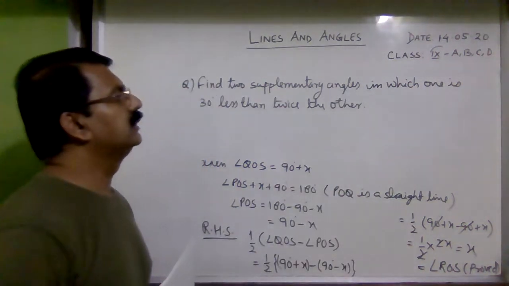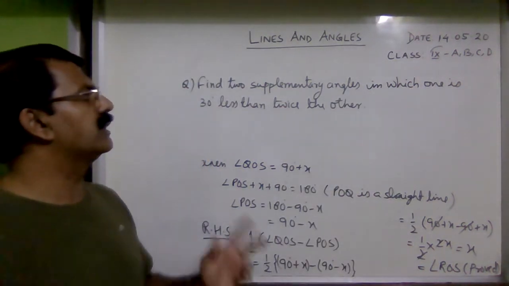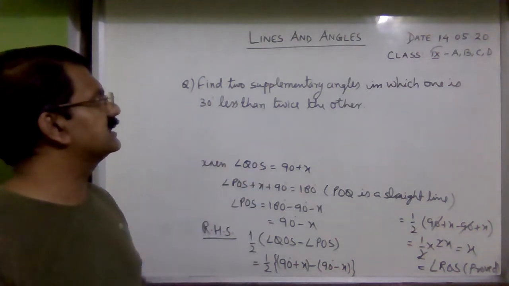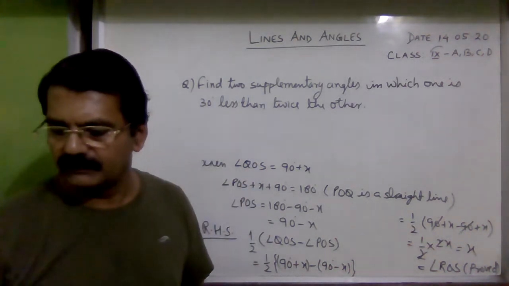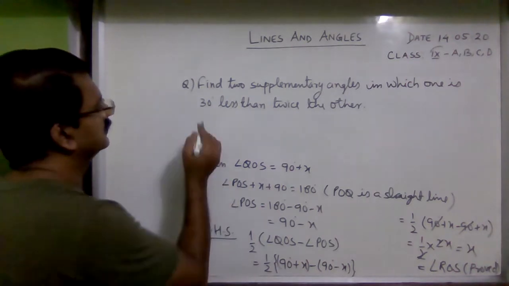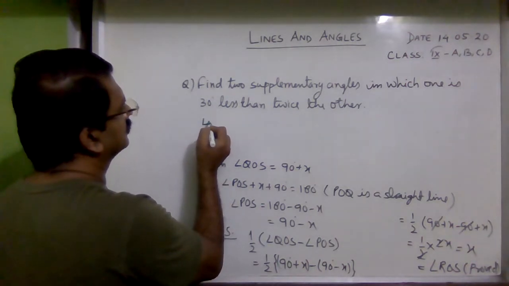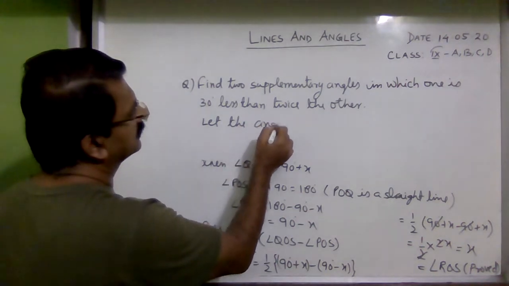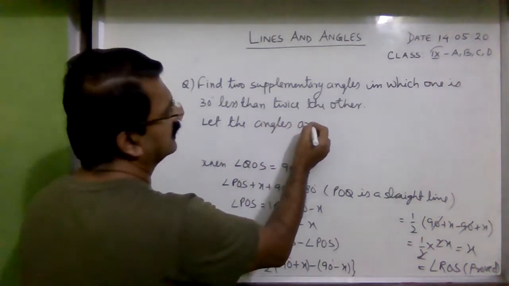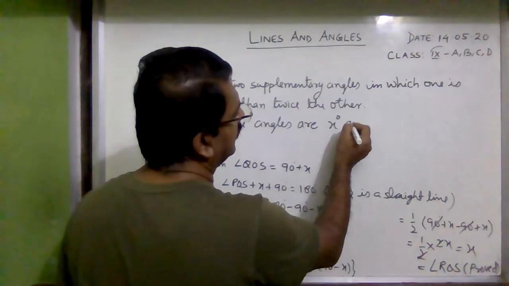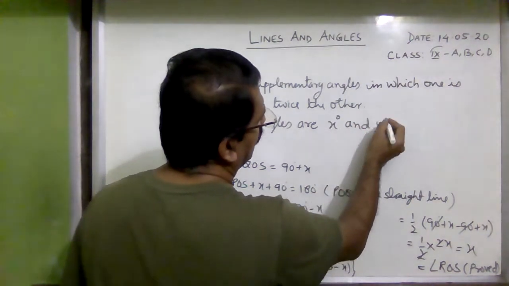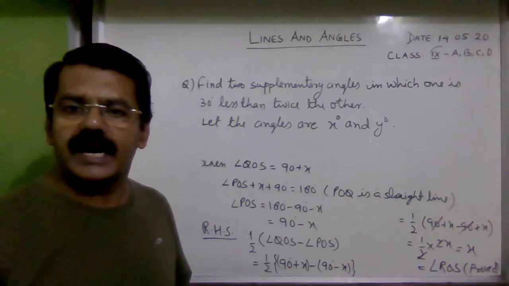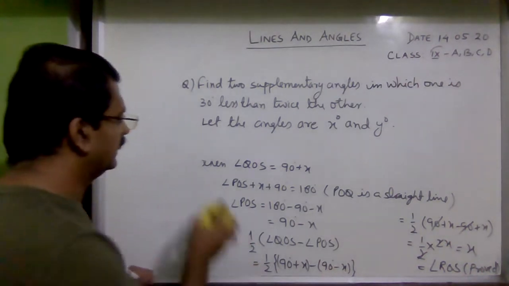That means you have to find two supplementary angles in which one angle is 30 degree less than twice the other angle. Let the angles be x degree and y degree. We have assumed that the angles are x degree and y degree.